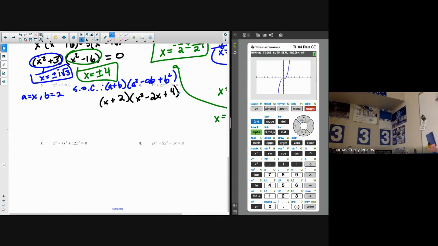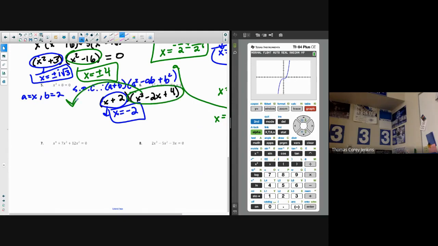All right, so you might try to factor that, but nothing's going to multiply to be 4 and add to be negative 2. So the easy part of this tells us that one of our solutions is x equals negative 2. And then this last part will give me my 2 complex solutions.